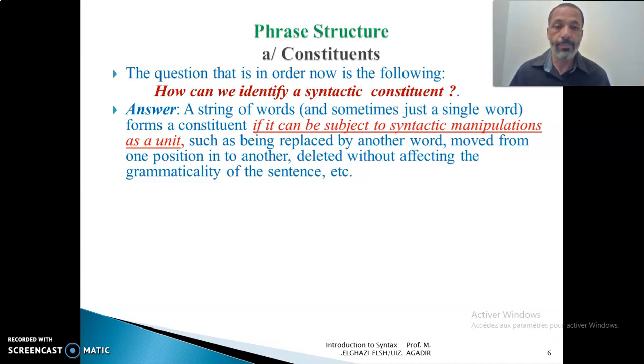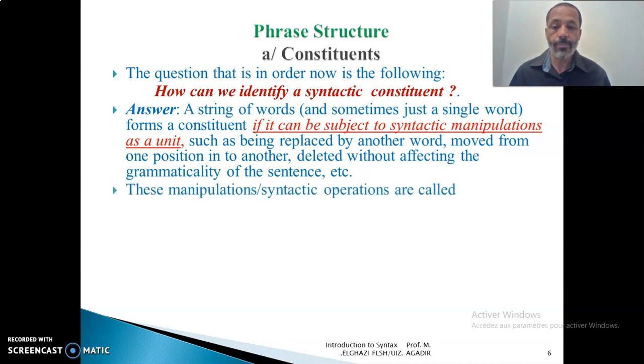We can delete after the event because it's an optional adverbial. So we can say John will invite his intimate friends, and we stop, and the sentence is perfectly grammatical. These are some of the syntactic manipulations that allow us to say that a group of words or a word is a constituent or not.